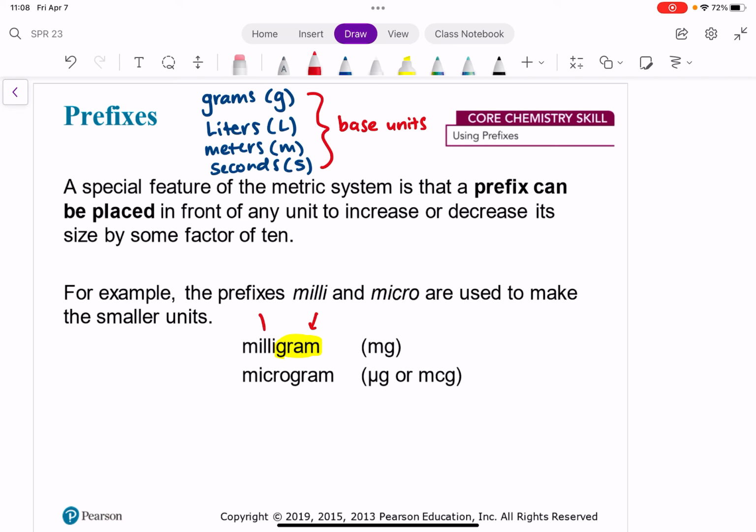And then milli is the prefix that you put in front of it to change into smaller units. So you're still using grams to measure, but you are talking about smaller units. Milligrams you might be familiar with. We use them in medicine a lot, so your vitamins or your medications might be listed in milligrams.